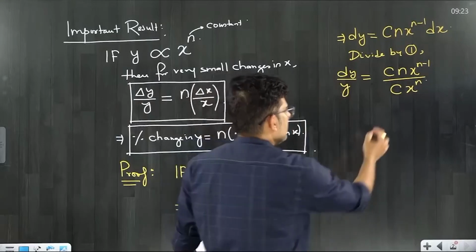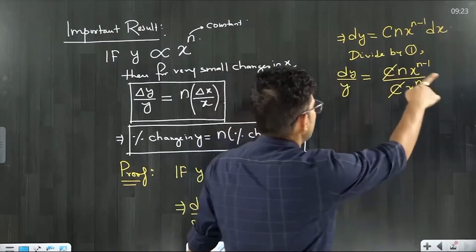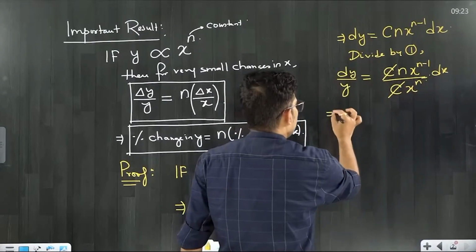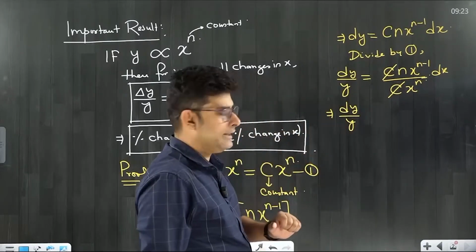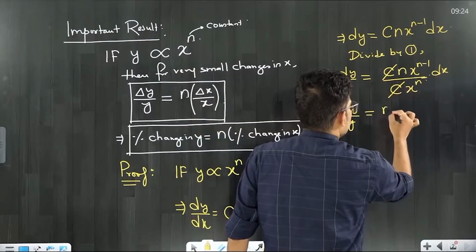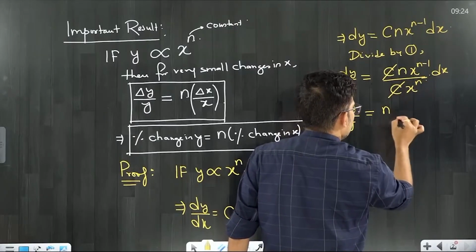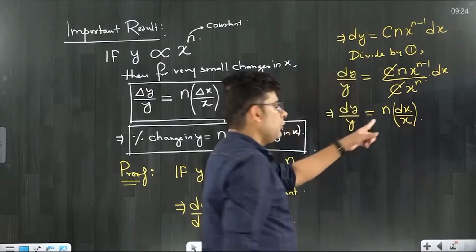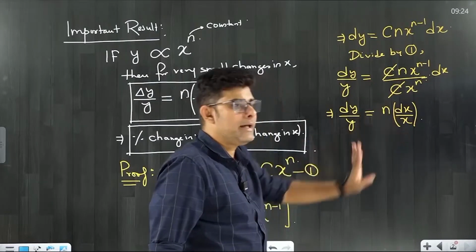Now what will happen here? c cancels, and one more thing was missing, that was dx. Now see what we are getting: dy by y is equal to n x to the power n minus 1 by x to the power n. Can I write it as x only? Tell me, do we get this or not? dy by y is n dx by x.